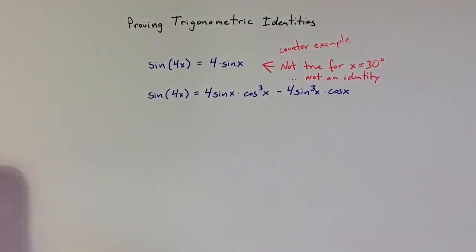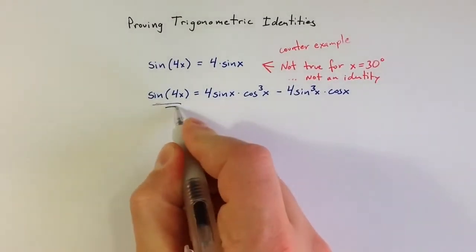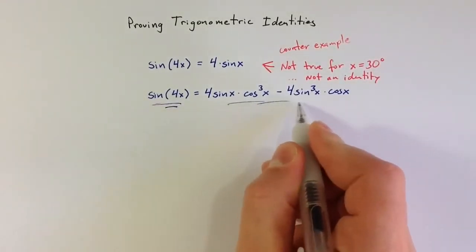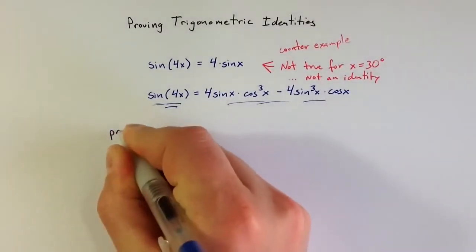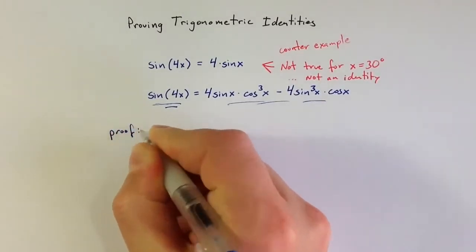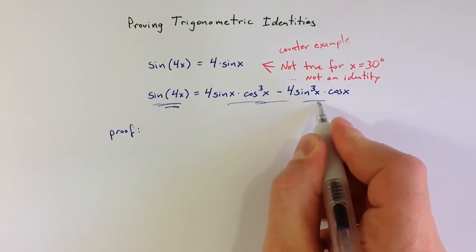So rather than just having a numerical justification at a few different points, we'd like to have an algebraic justification that shows that for any particular angle, the left-hand side is always going to equal the right-hand side. To do that, we want to set up a proof that provides a step-by-step manipulation of one side to turn it into the other.